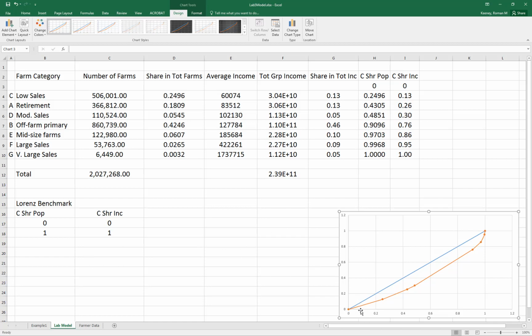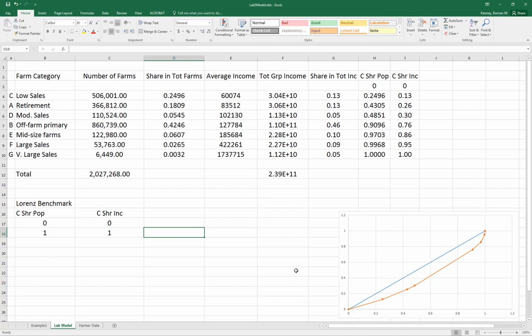Okay, so how do you calculate these again? Well, you can go back and look, but for the Lorenz benchmark, there's really only this point and this point. You could do it any number of ways, but we could do it using our same formula here and just say, give me the width and then half times the height.